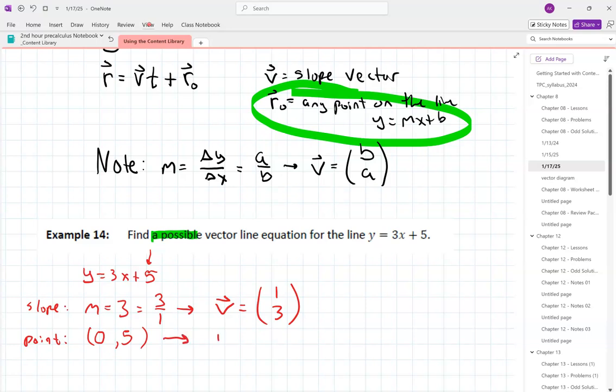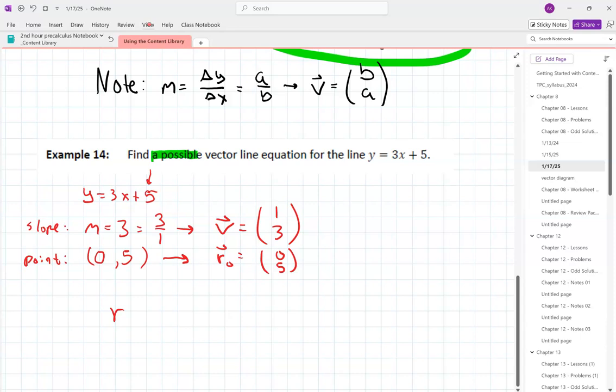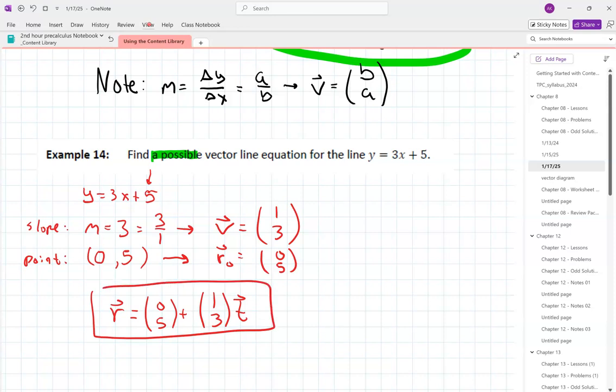So that's going to become the vector R naught, 0, 5. Again, remember, it's x, y in our stack. So my vector equation for the line then is going to be R equals 0, 5 plus vt. Does that feel okay as to how I did that? Yeah, sure.